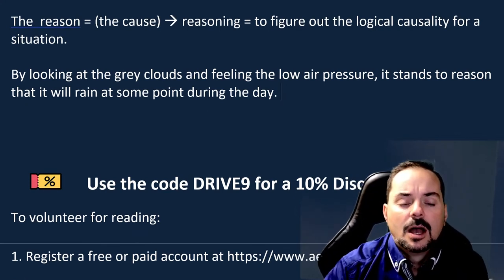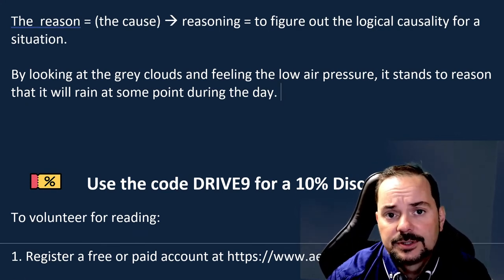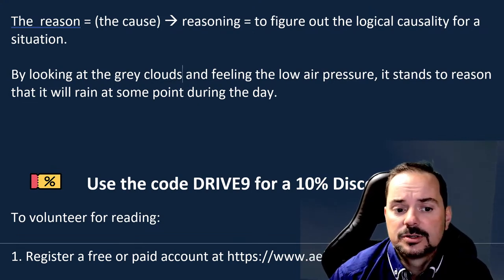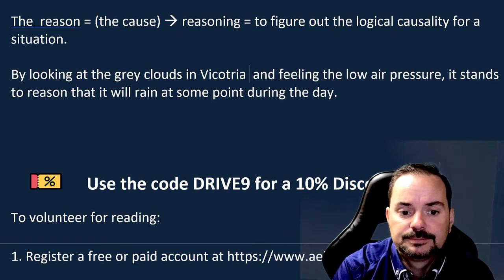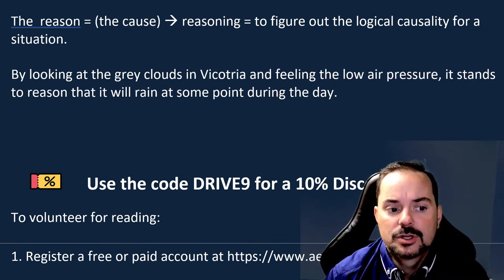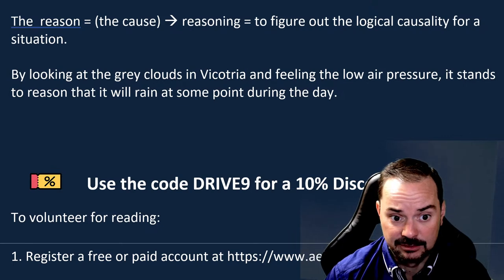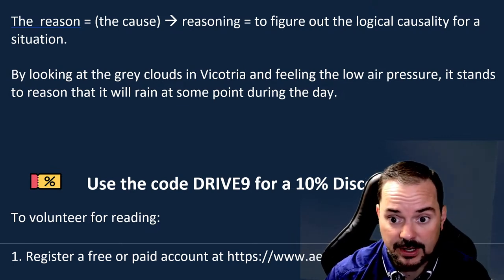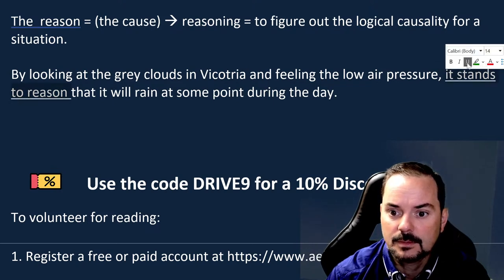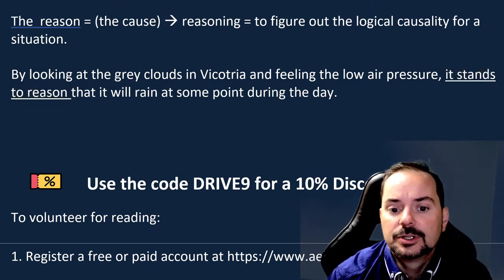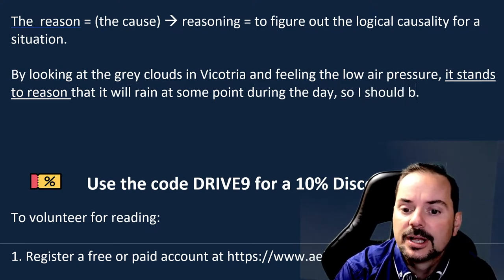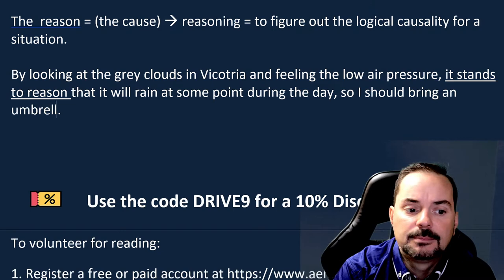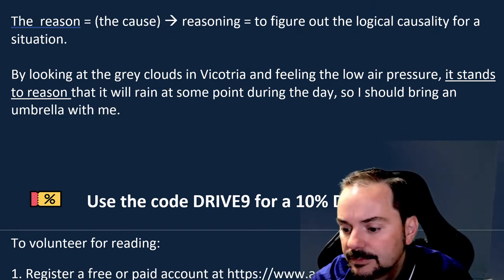Whenever you're writing an example to help you remember it better, make it personal. So I live in the city of Victoria, so I will add in Victoria. By looking at the gray clouds in Victoria and feeling the low air pressure, it stands to reason that it will rain at some point during the day. So I should bring an umbrella with me, right?